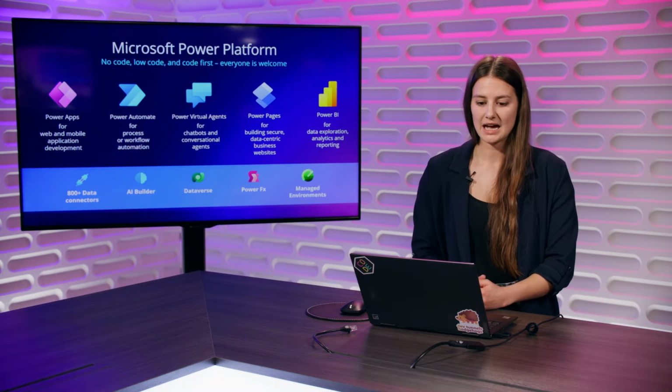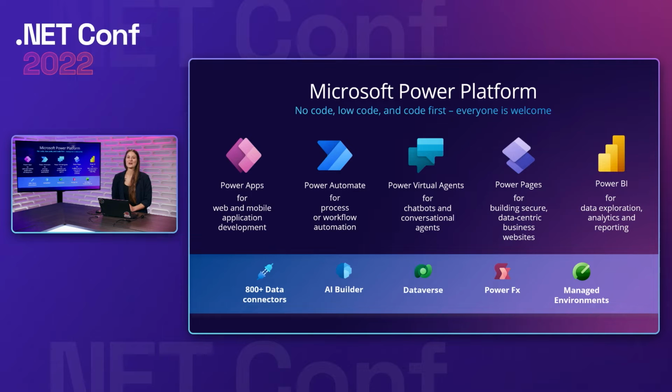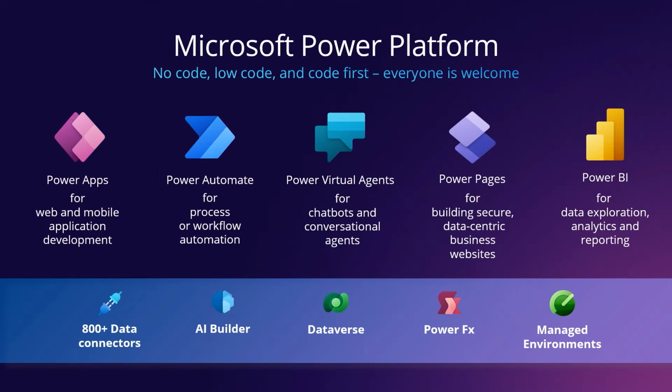So for this, I'm going to show the total overview of the Microsoft Power Platform and what it is. Basically, it's a subset of different tools and services, and all of these are using low-code tooling. In total, it has 5 different subsets of tools.